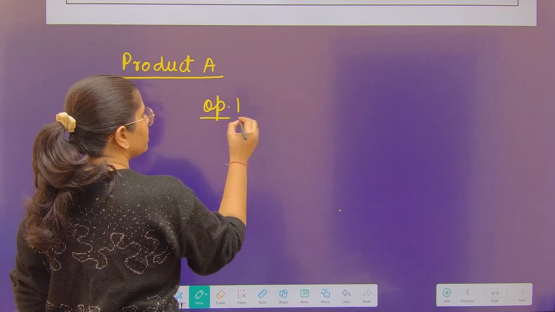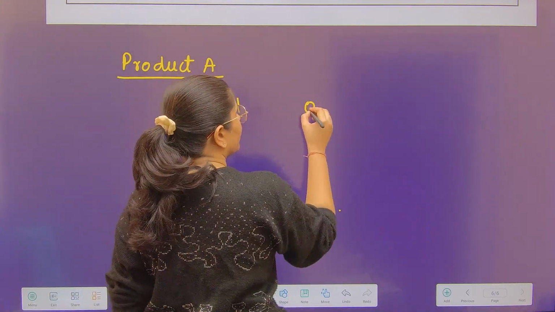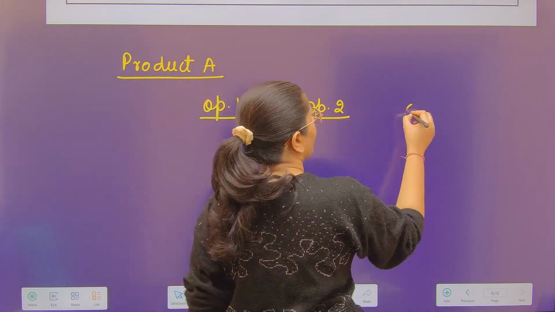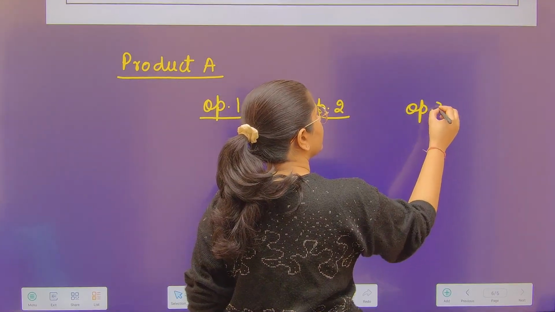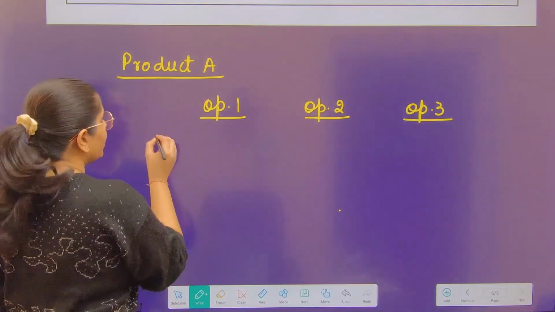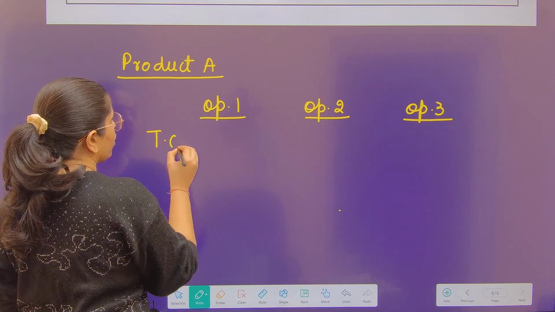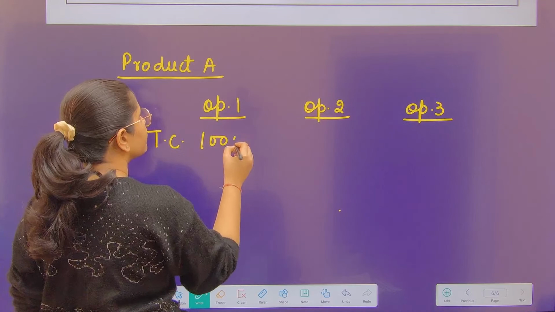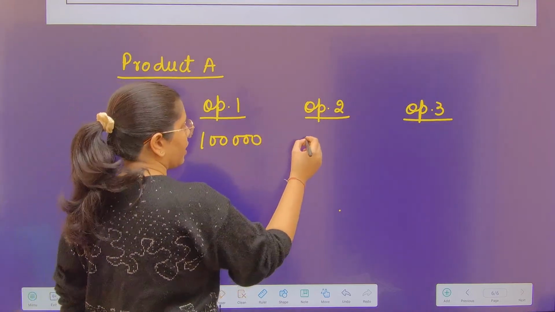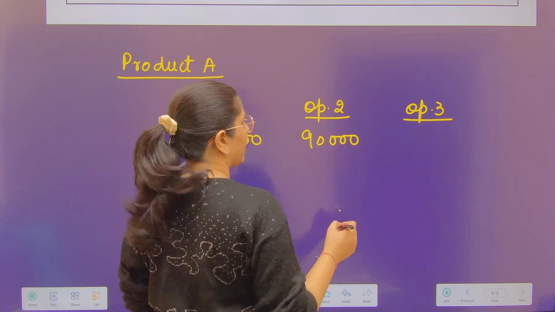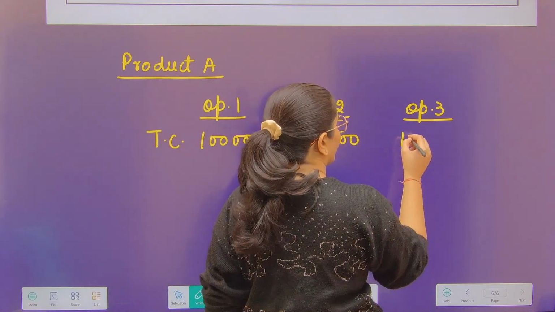Operation number 1, operation number 2, operation number 3. Right? The total cost which is incurred in operation number 2 is 1 lakh. Here it is 90,000 and here it is 1 lakh.